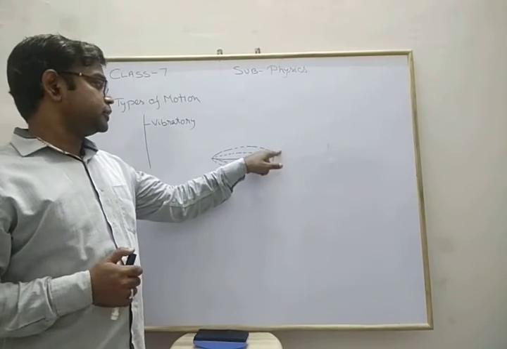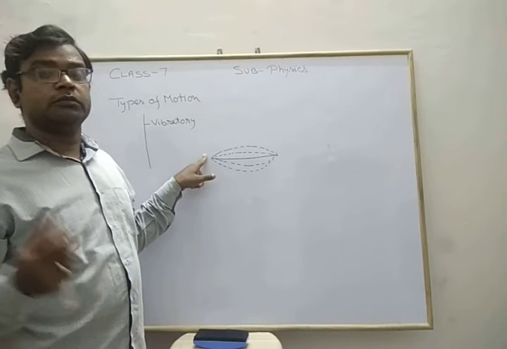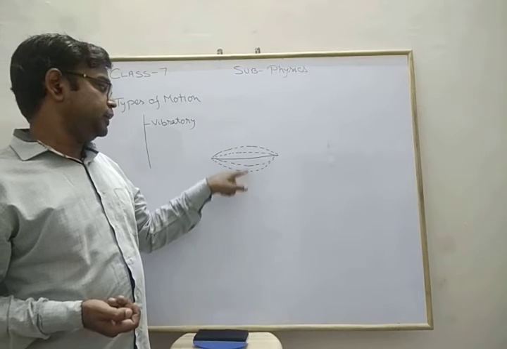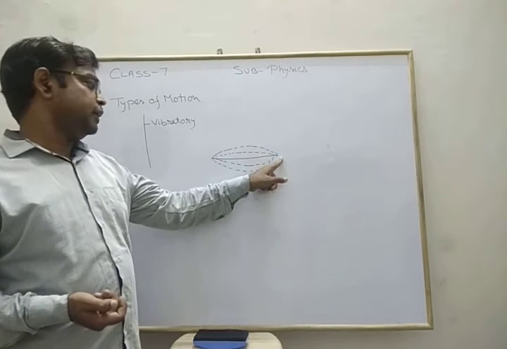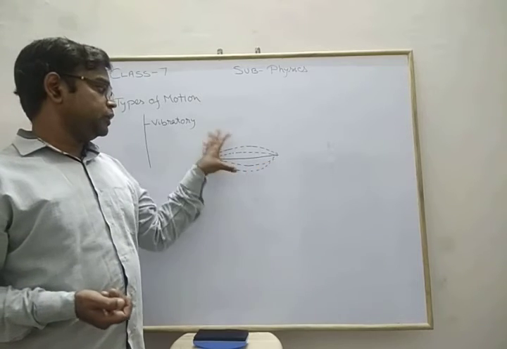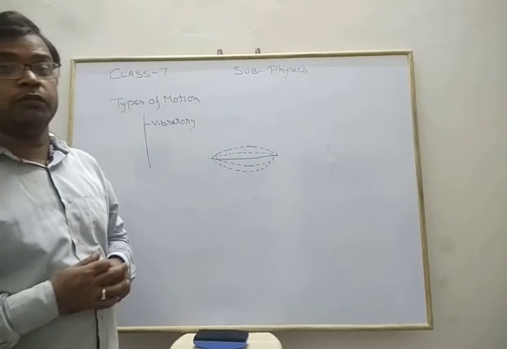All the particles do not possess an equal amount of energy. At the middle, they have maximum. At both ends, we have no energy or no movement. So this type of motion is known as vibratory motion.